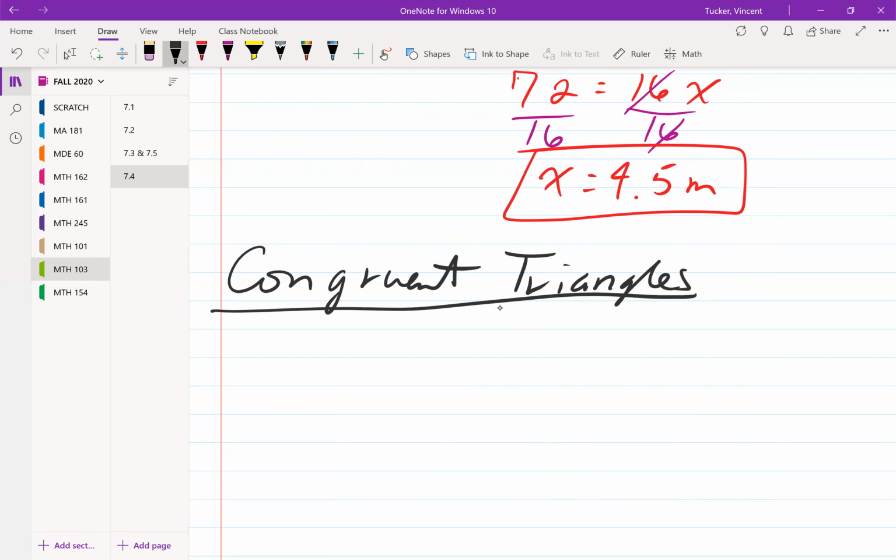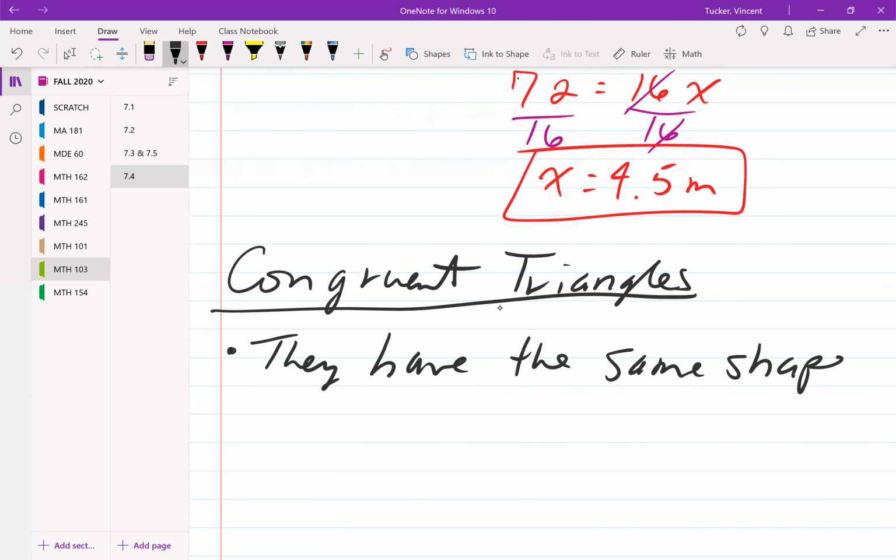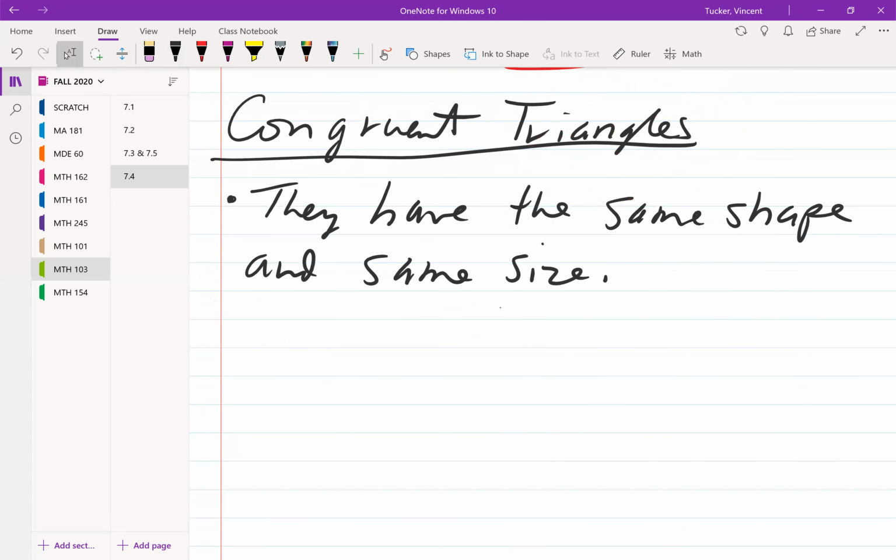Looking at first, congruent triangles. All right, so let's look at our theorems.